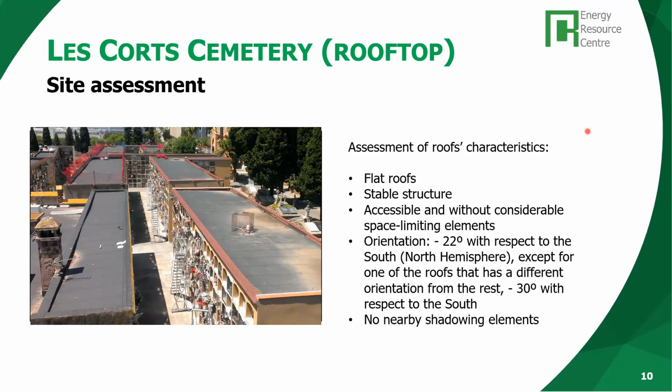To achieve this, it was decided that the modules in more crowded areas had a 10 degrees inclination, which is not the most optimal, but it does prevent them from being seen from the ground. The rest of the modules are inclined at 30 degrees, like Paul said, which is the optimum inclination for self-consumption facilities for Barcelona's latitude.